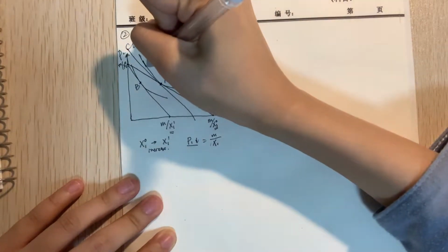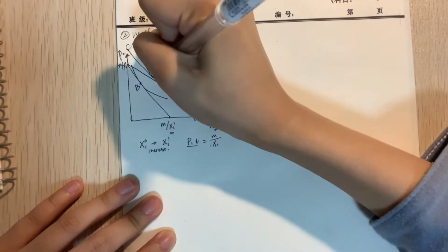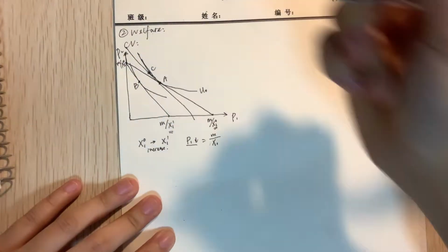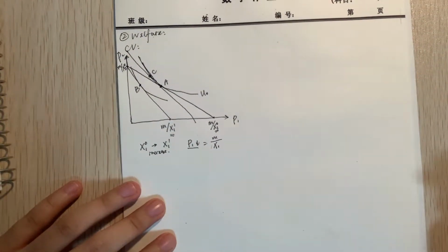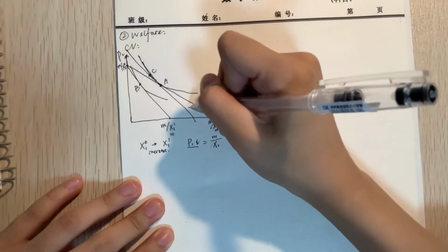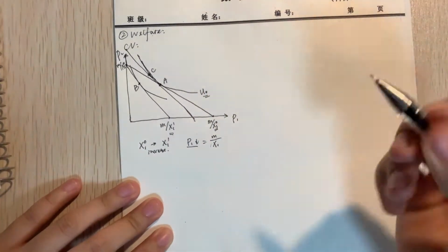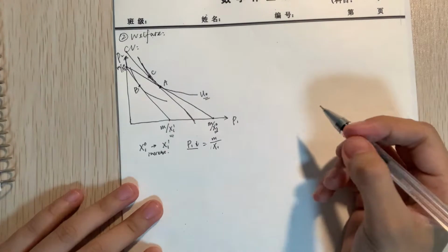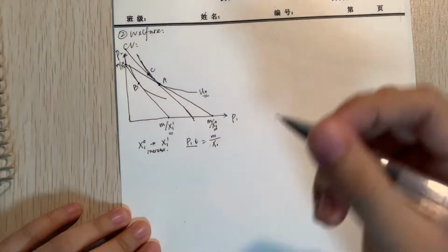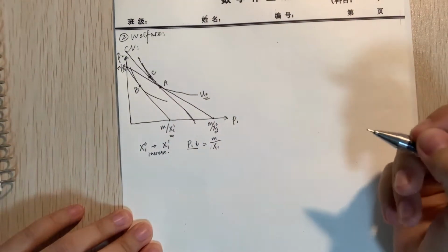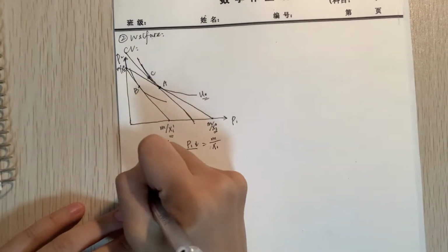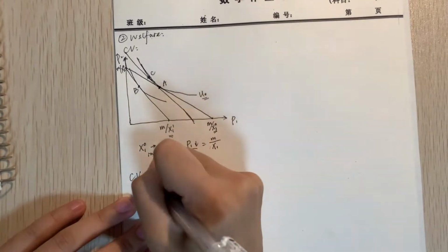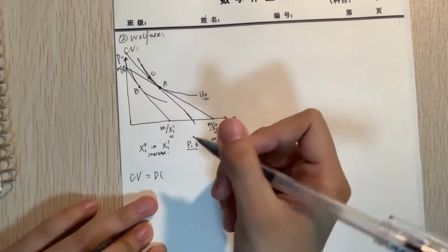Suppose it's here. We have our new equilibrium point C, where the utility level remains the same, but the quantity changes. Right? So, denoted by Kim, CV can be expressed mathematically as, I will explain what this is.